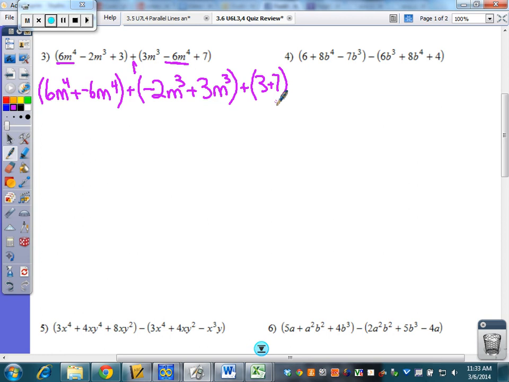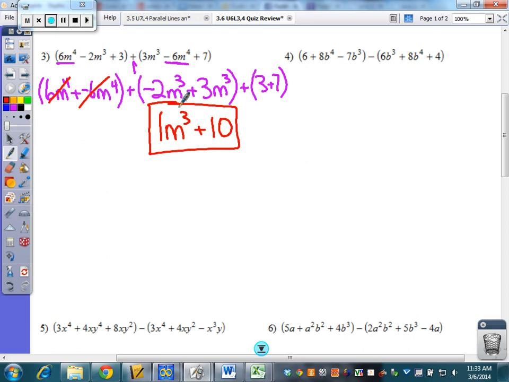Now the 6m to the fourth and negative 6m to the fourth cancel each other out. Negative 2m cubed plus 3m cubed is 1m cubed. And then 3 plus 7 is 10. And this is our answer.